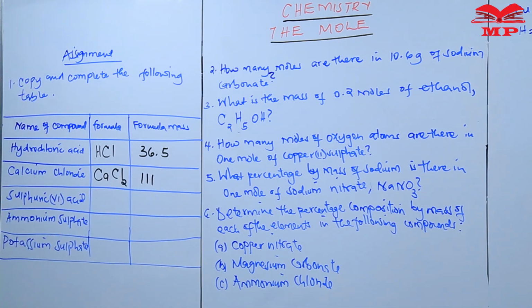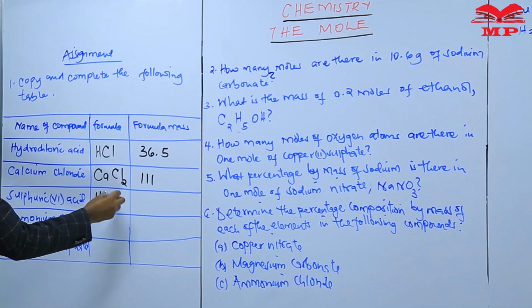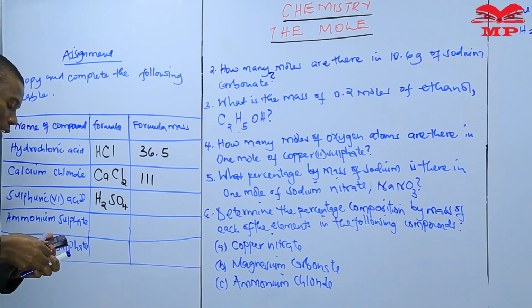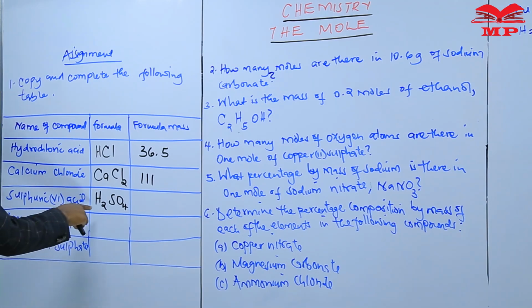Go to the next, which is sulfuric acid. This is the formula of sulfuric acid. That is supposed to be the formula. Therefore, the mass will be, the mass of hydrogen is 1, and we have 2 atoms of hydrogen.